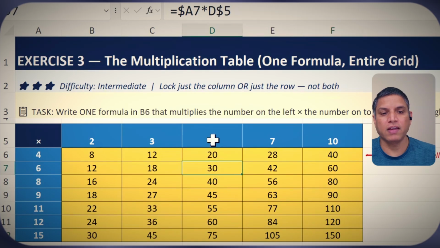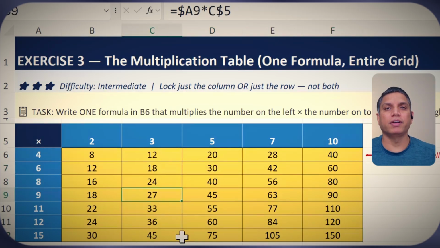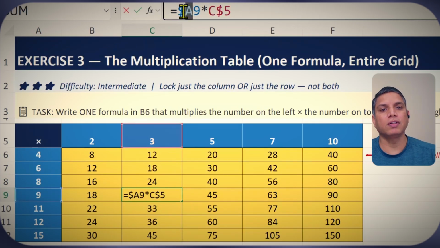This cell, 5 into 6, that's 30. Perfectly working everywhere. What did I do? I first used sample formulas and then identified what is common between the formulas, and I just fixed that particular part. And whatever is common, before that we need to put the dollar, not after that.